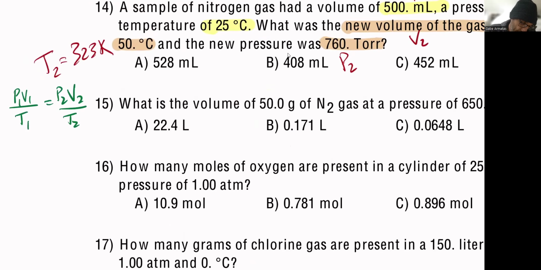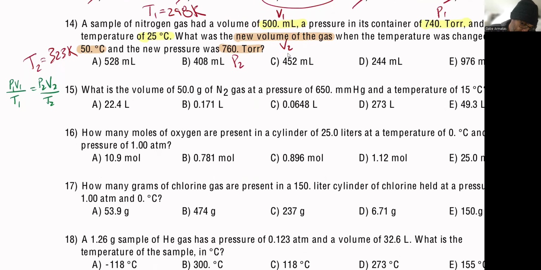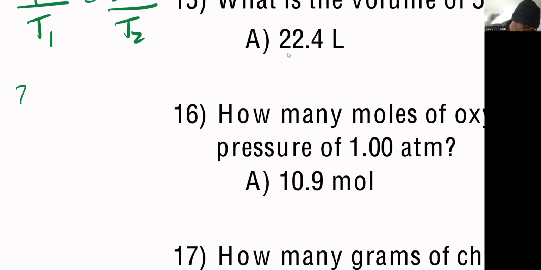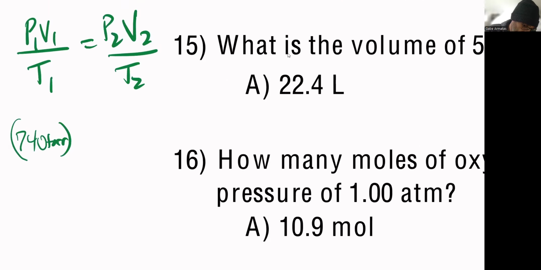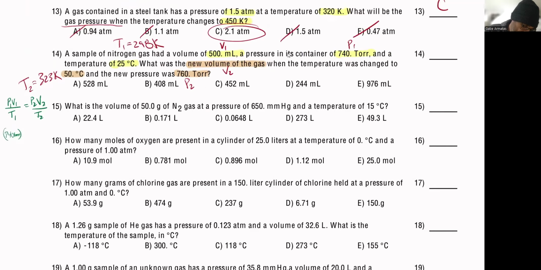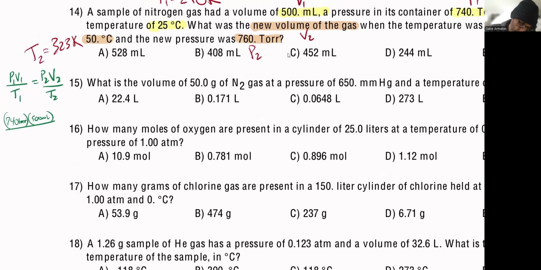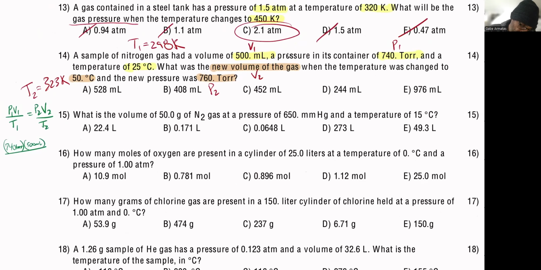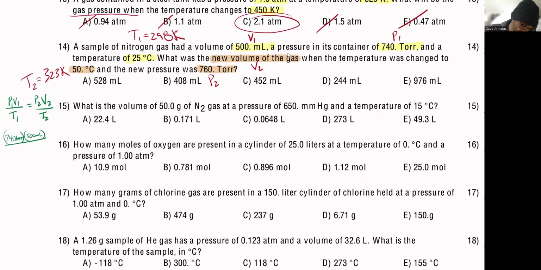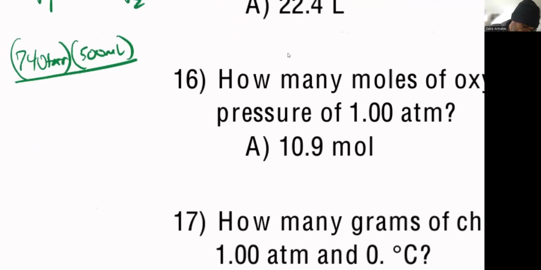Now I'm going to plug in numbers. My pressure 1 was 740 torr, my volume 1 was 500 mL, all divided by my temperature 1, which was 25 degrees Celsius, which is 298.